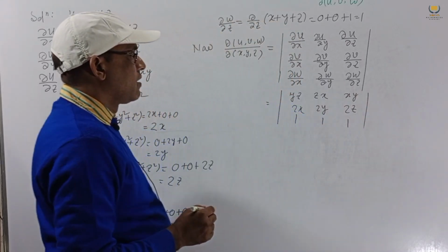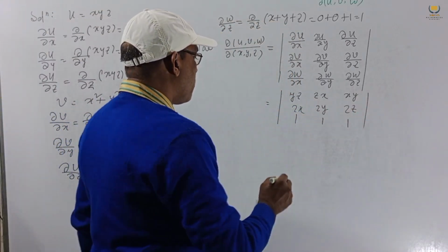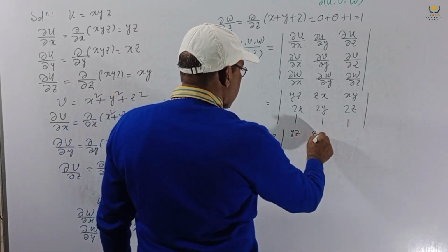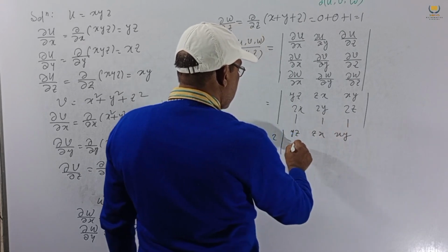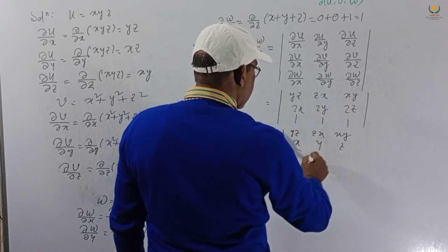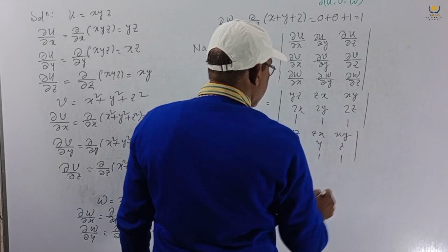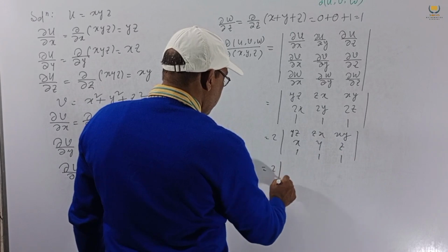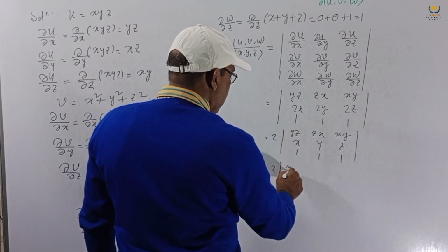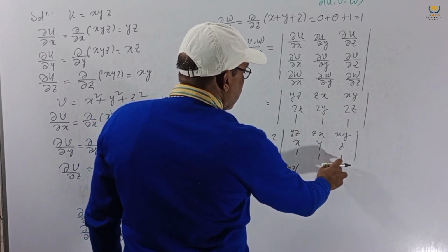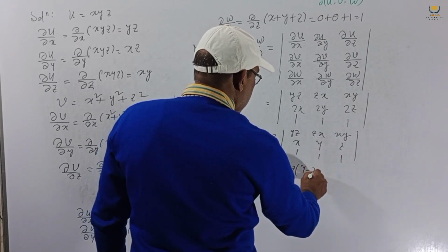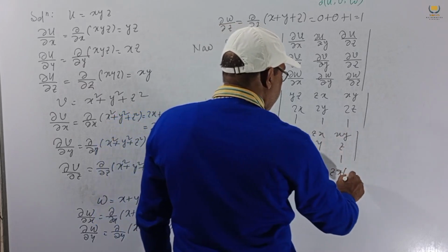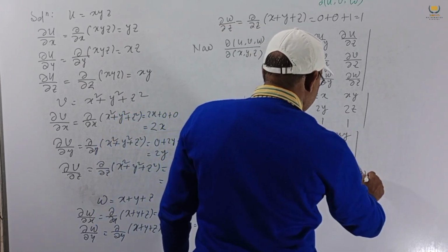We get this. From this row, 2 is common. We get yz, zx, xy, x, y, z, 1, 1, 1. We get this. Now we expand this. If we expand this, first taking yz, this is y minus z. Next minus zx, this cancels, x minus z.